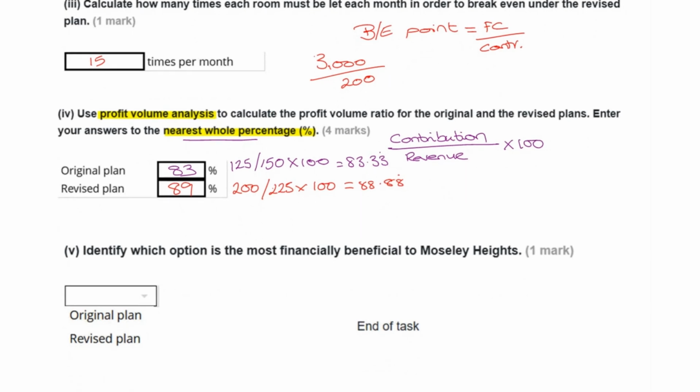So then the final part is identify which option is the most financially beneficial to Moseley Heights. So that's going to be, we've got a higher profit volume ratio for the revised plan. And now we're at the end of task 3.